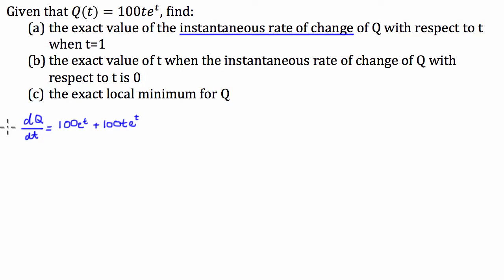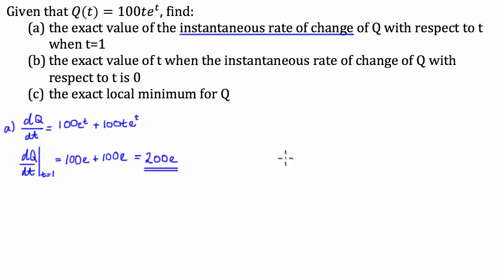So this is A. In the next line, we're going to get dq dt evaluated when t equals 1 is equal to 100 times e to the 1, which is just going to be 100e, plus 100 times 1, which is just 100, times e to the 1, which is just e, which simplifies down to 200e. Cool, so that's our solution for part 1 of the question.